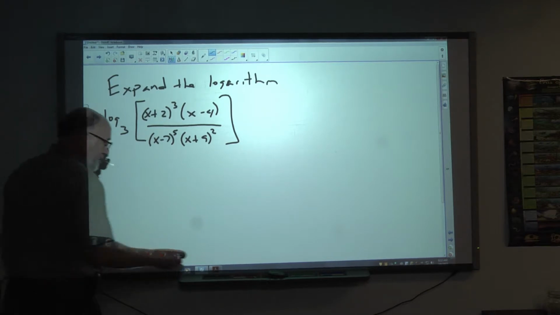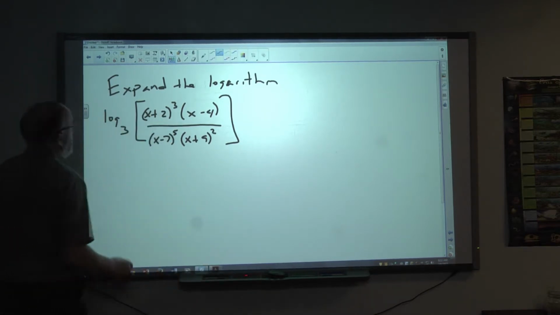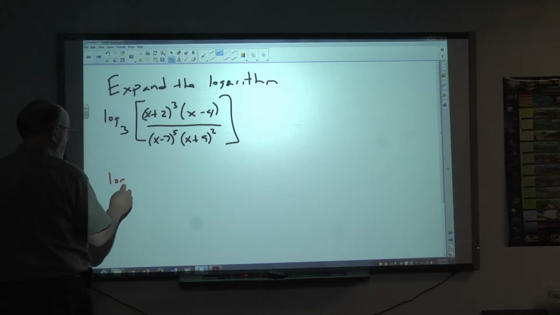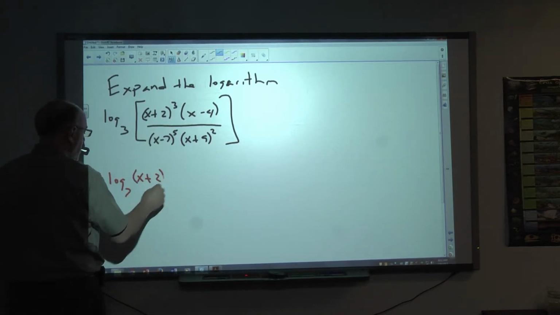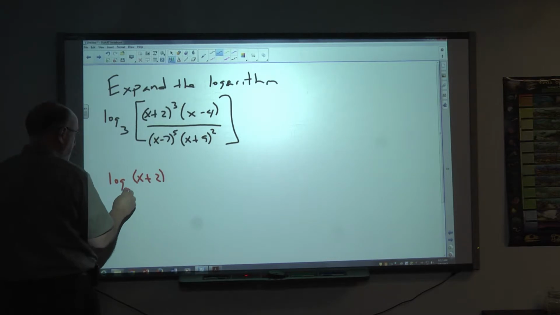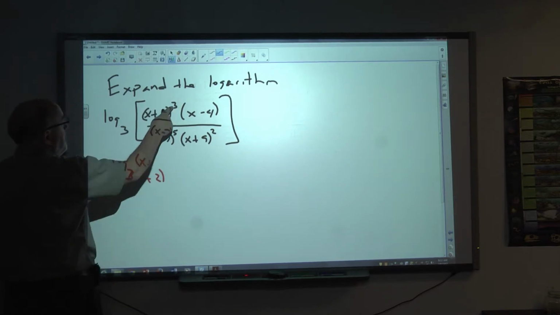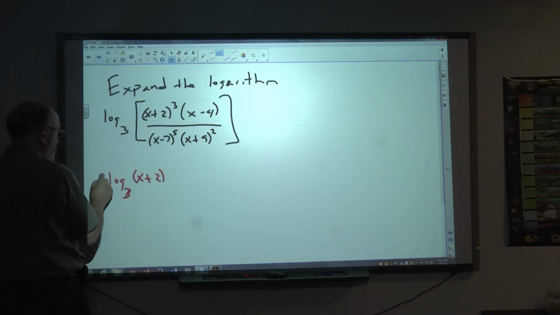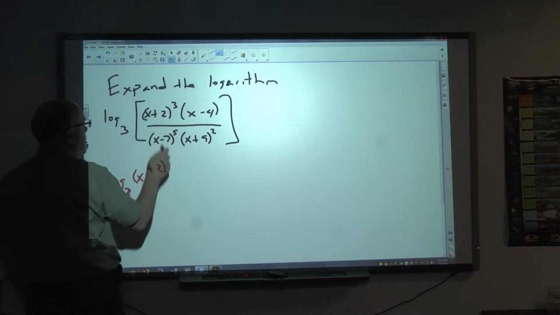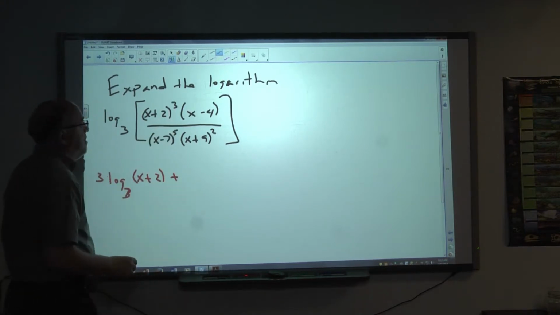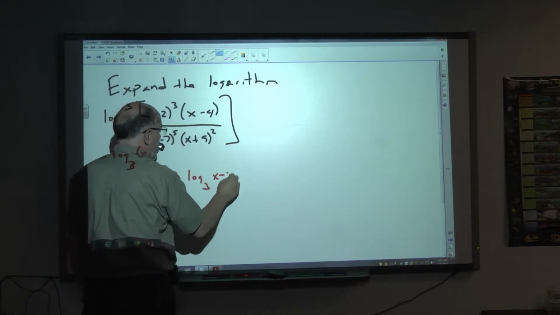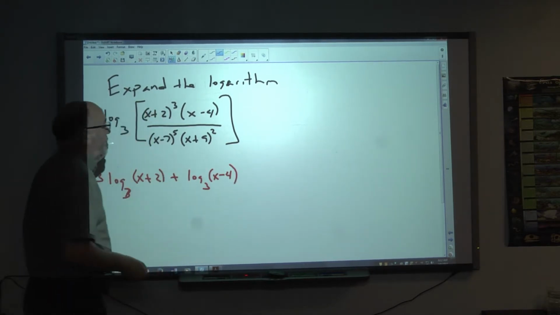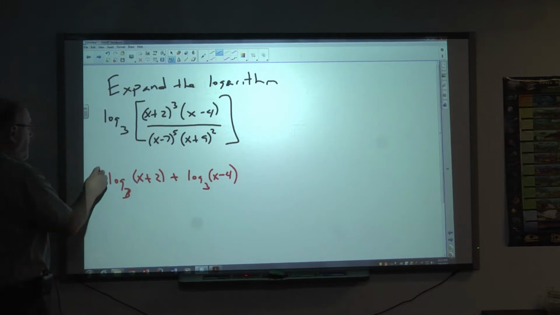And so if I write this out, right, so we got log base 3 of the x plus 2, and then by the power rule, this 3 comes out front. This is multiplying, so we get the plus. And then we get the log base 3 of x minus 4. So that's everything on the top.